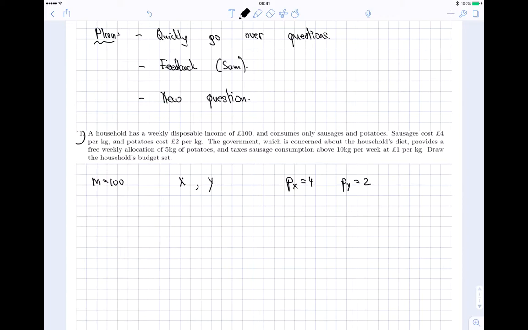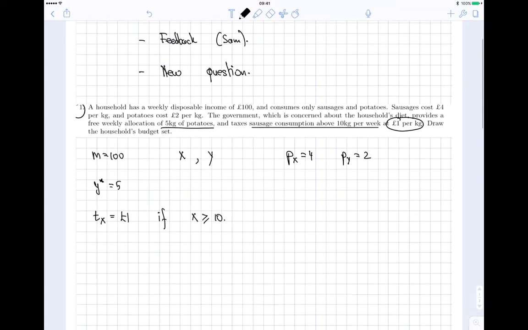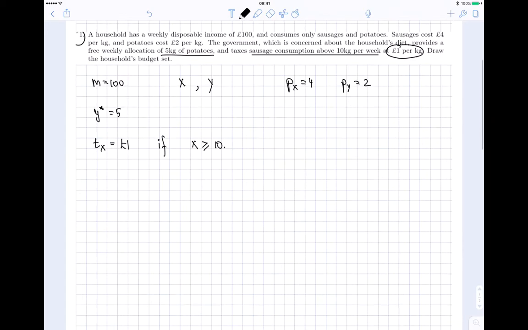The government is concerned about the household's diet and provides a weekly allocation of 5 kilograms of potato, so Y star is equal to 5, and taxes sausage consumption above 10 kilograms per week at 1 pound per kilogram. So the tax on X is equal to 1 pound if X is greater than or equal to 10. Draw the household budget sets.